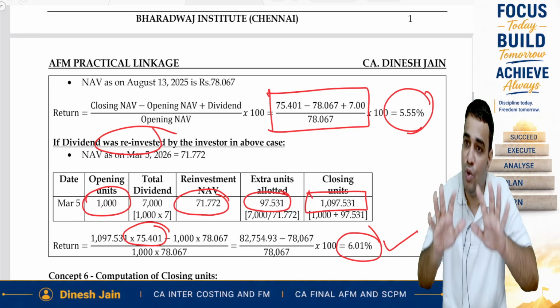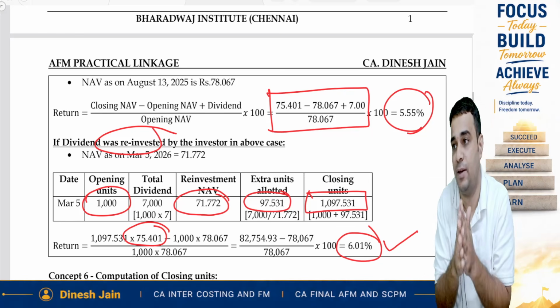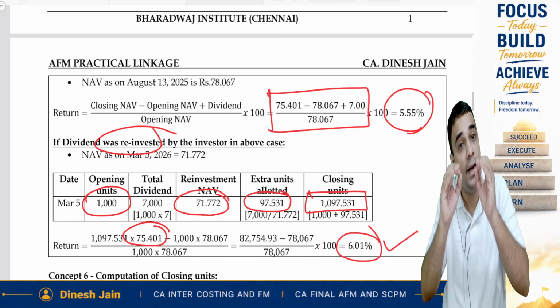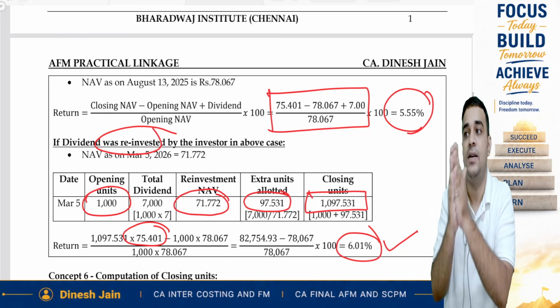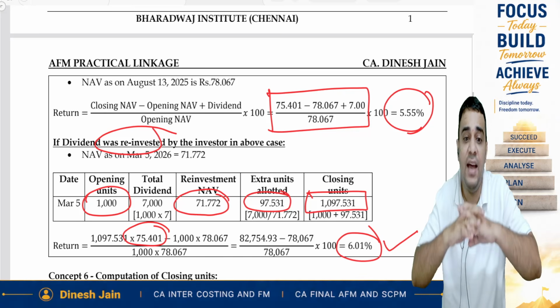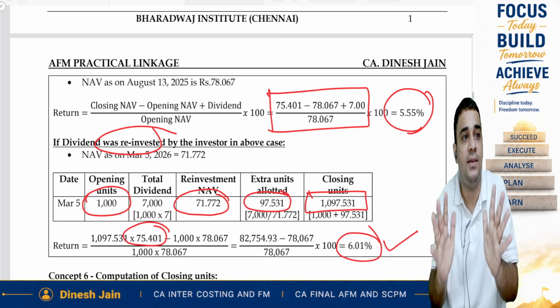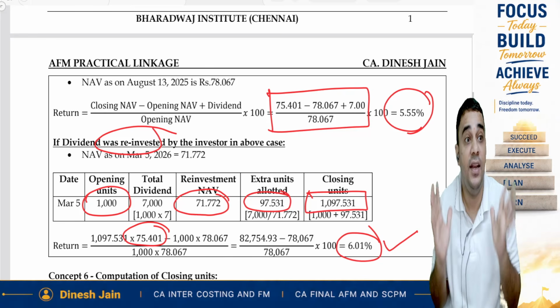But you can know this only at the end of the year. Today you can't tell which is better. Only at the end of the year, closing NAV, reinvestment NAV. Whenever reinvestment happens, I will be praying that that day NAV is very low.